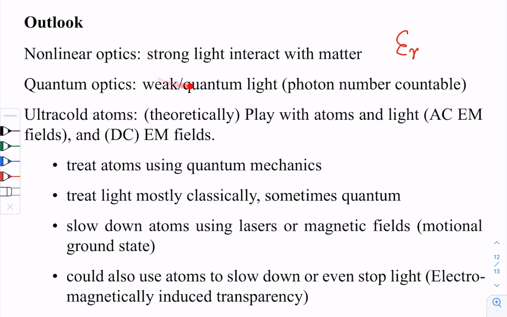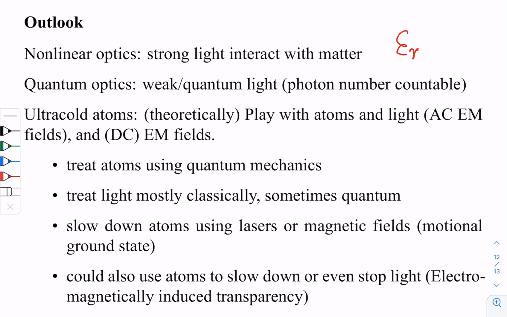So if you have strong light, you are in the nonlinear optics region. With Maxwell's equations and linear media, we are still in the linear optics regime, and also we cannot have too weak a light.